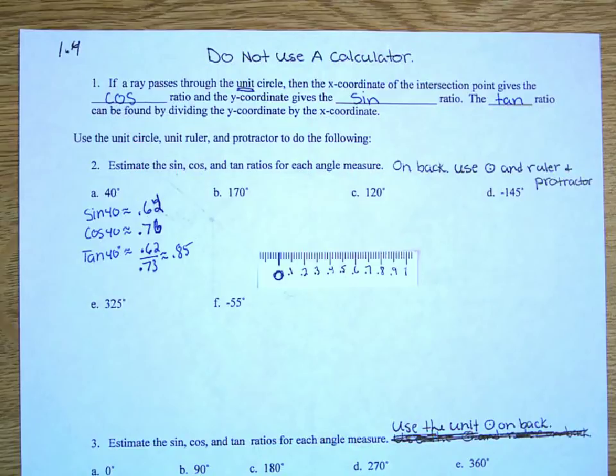Yep, remember a negative just means I start here and then I rotate this way. I can do it. Yep, absolutely, the best way to do it. Alright, now we're good.